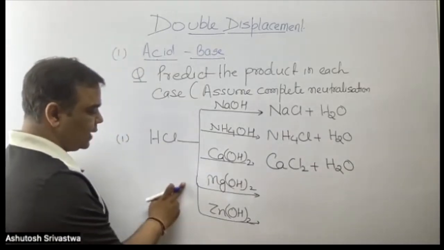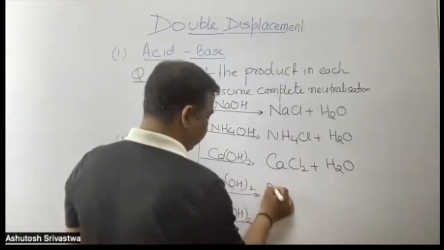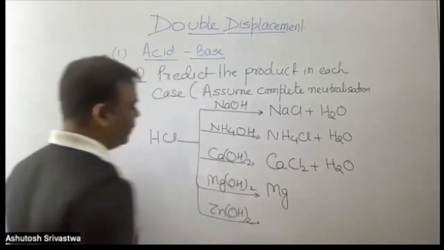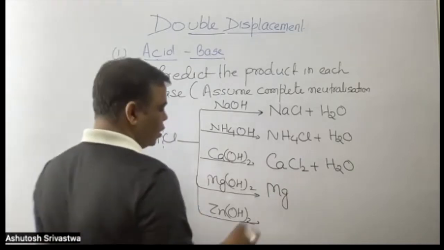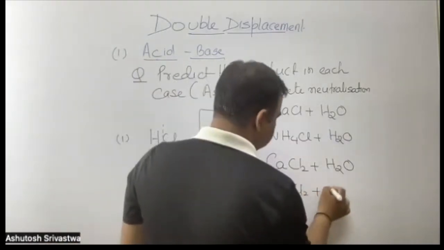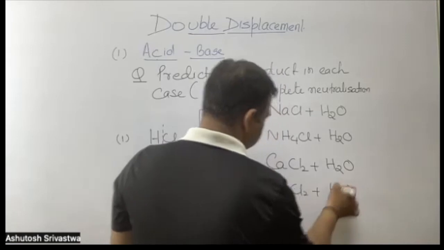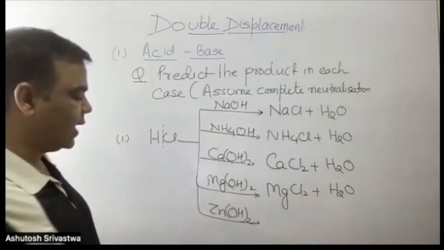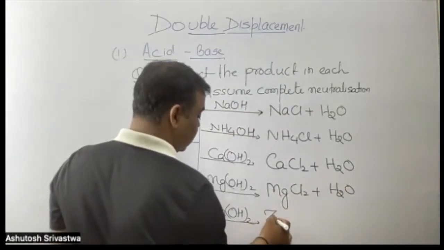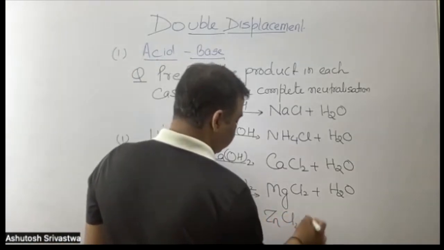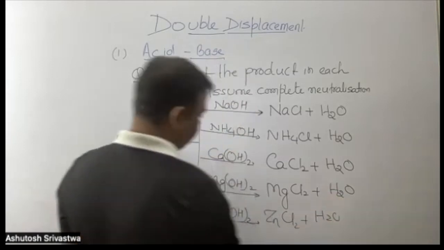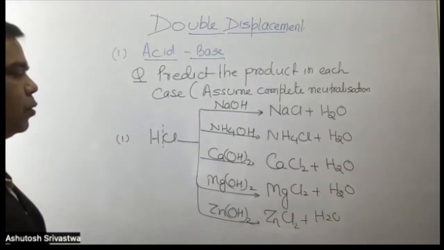For magnesium hydroxide, magnesium is the cationic part and Cl is the anionic part, so MgCl2 plus H2O. What about this one? The cationic part is zinc and the anionic part is Cl, so ZnCl2 plus water. Very good. This is a very important reaction.